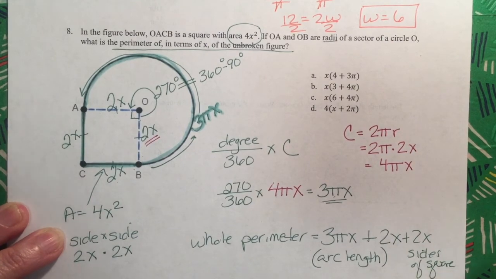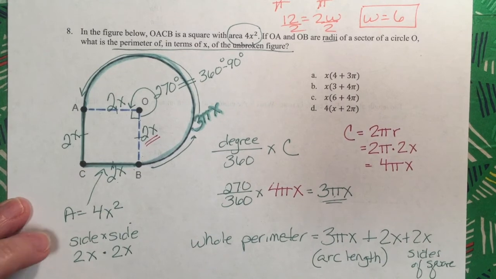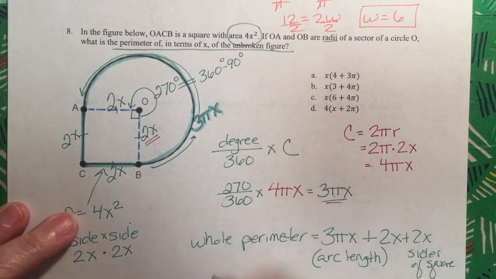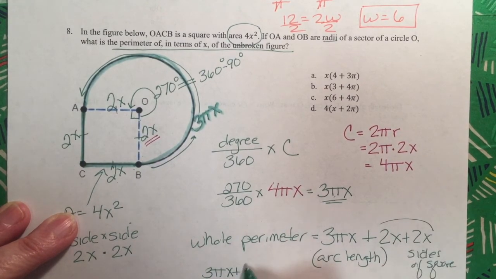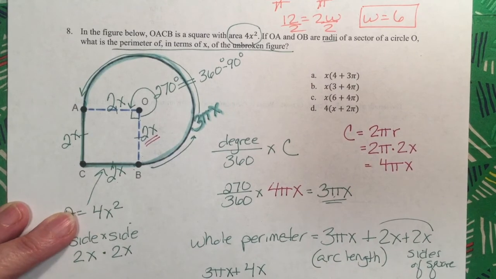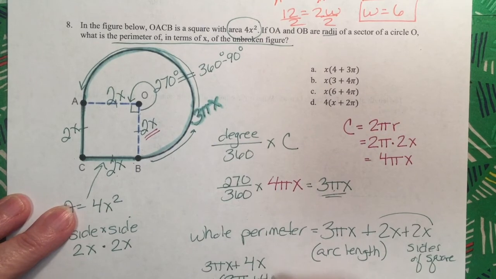Okay. Now they give us 4 options here, and you'll notice that they're factored. So all we have to do is factor this together. So it's 3 pi x plus, we can combine like terms, 4x, and we can factor out an x. Okay, so let's factor out the x times 3 pi plus 4.